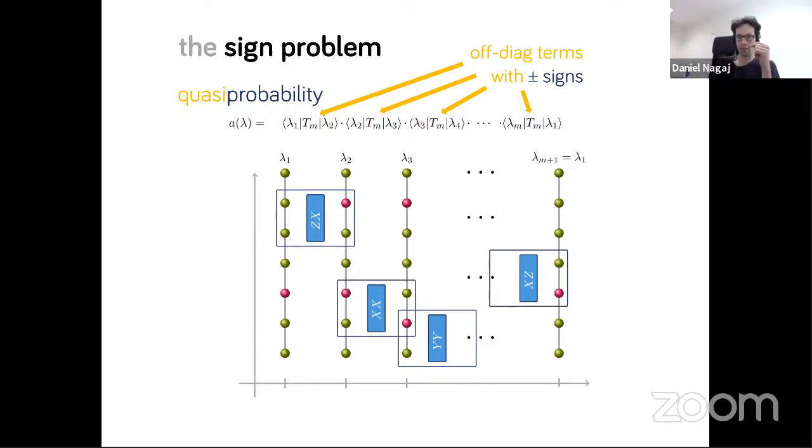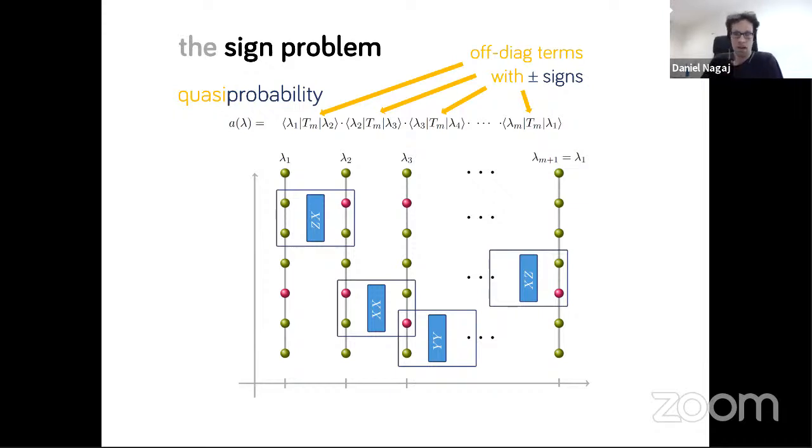When you vary the signs of these elements, the A alpha that comes out is not necessarily always positive, which means that you cannot interpret it as a probability and use your machinery for Markov chains as before. You can only interpret it as a quasi-probability because it can be positive and negative.